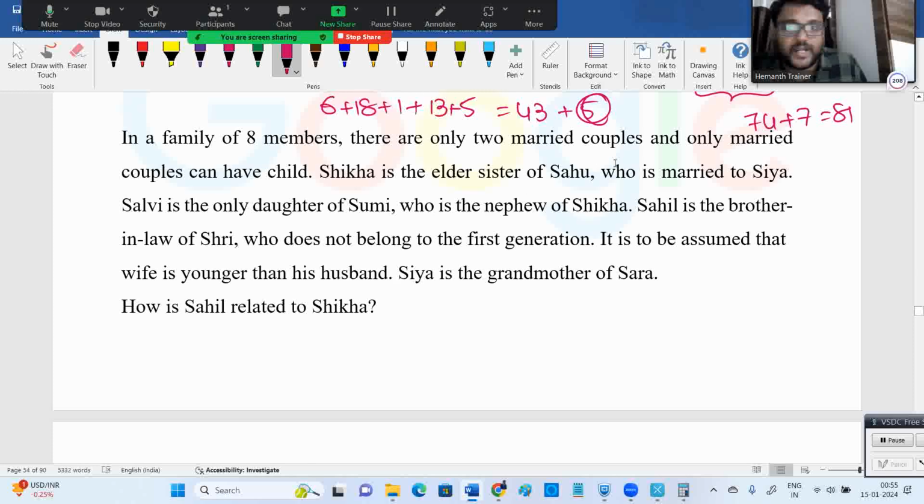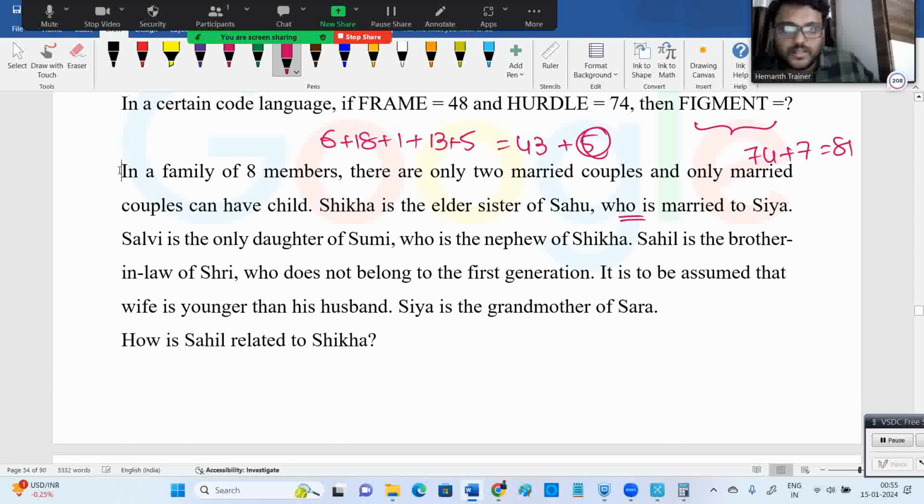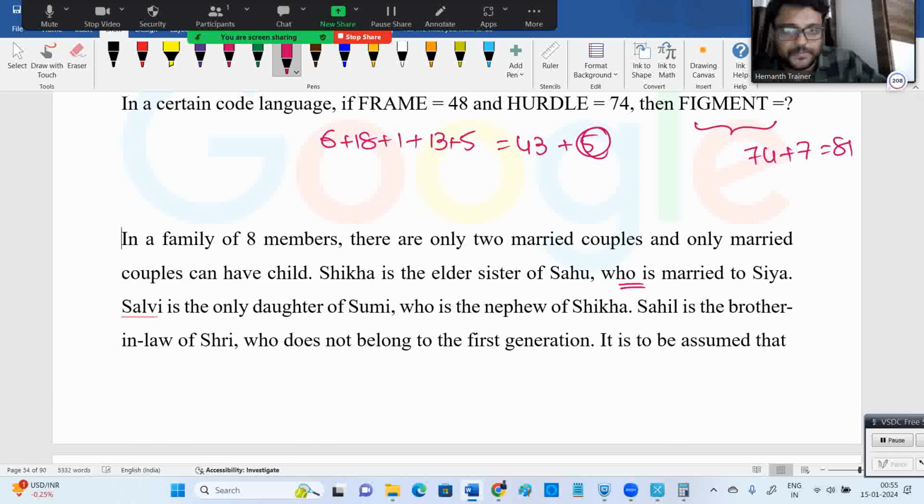There are only two married couples, and only married couples have children. Okay, fine. Shika is the elder sister of Sahu, who is married to Sia. So Sahu is married to Sia.